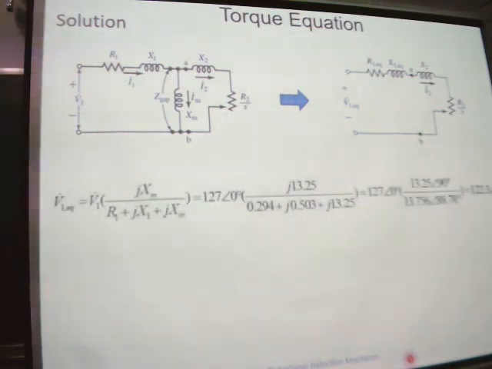First, we should turn the circuit into its Thevenin equivalent according to Thevenin's theorem. So it's just like this. We can determine the Thevenin equivalent voltage V1 EQ.